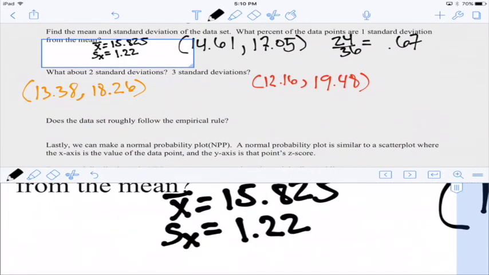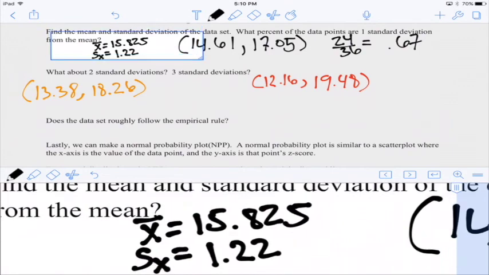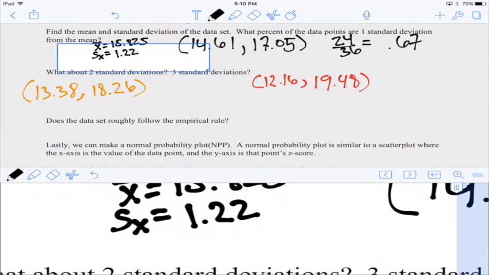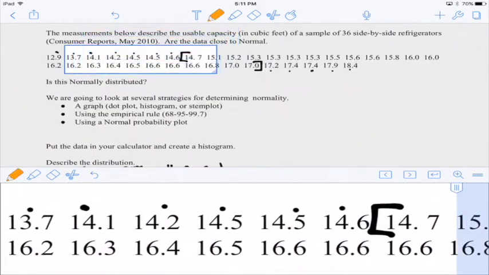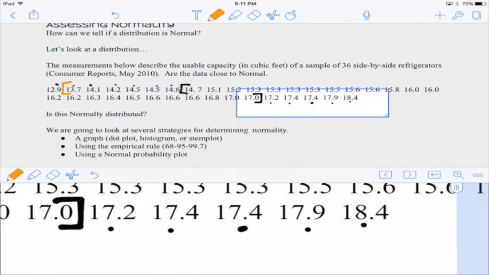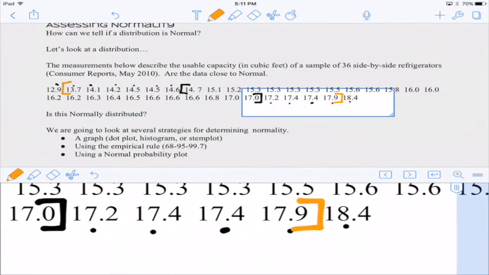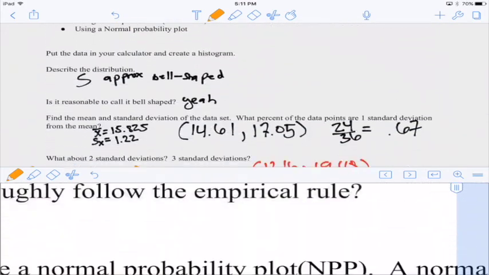Then I have two standard deviations. Well, I have two standard deviations above 15.825 and two standard deviations below. So let's see how many fall between two standard deviations. 13.38, so that captures this one, and 18.26, which captures this one. So it captures all but these last two. So 34 out of 36.